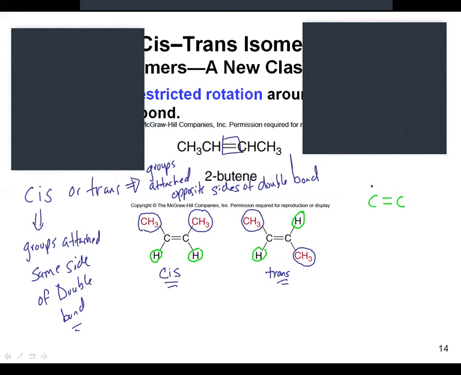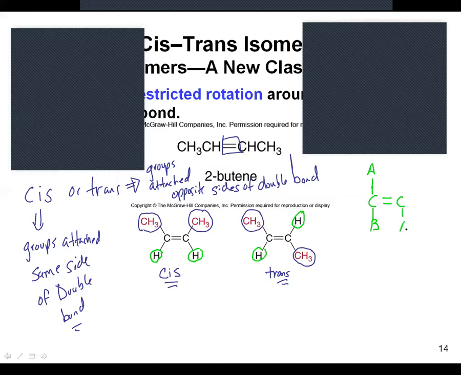first off, on each of the double bond carbons, you need to have two groups attached. And again, that group could be a hydrogen, but they are different. So on the same carbon, they need to have two different groups. And the second thing that you need in order for that to occur is, on opposite carbons in the double bond, you need to have a group that is the same.